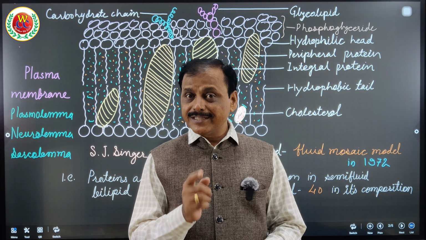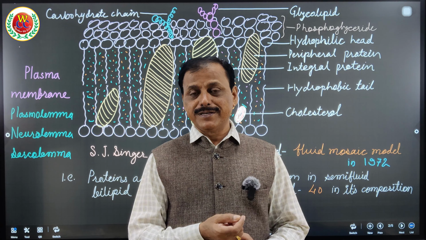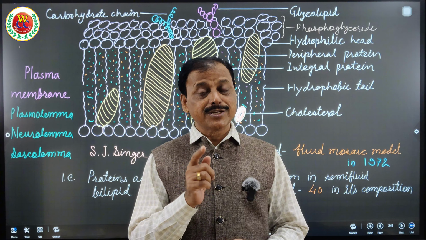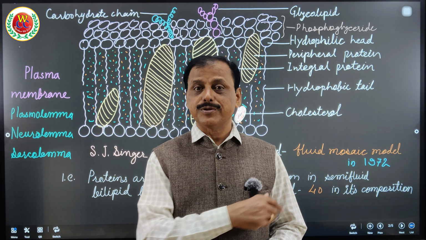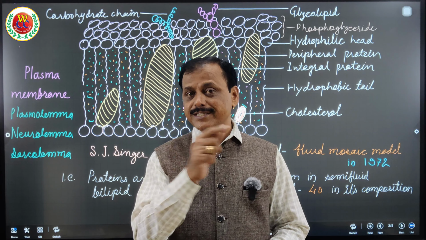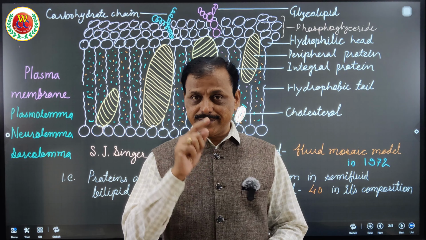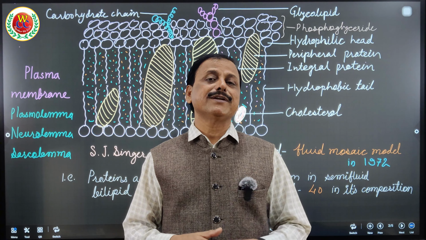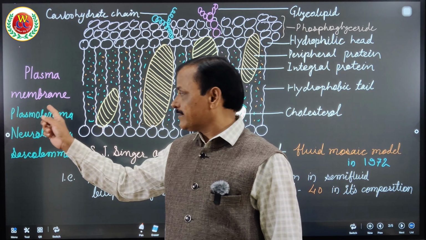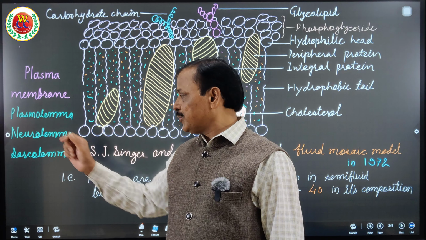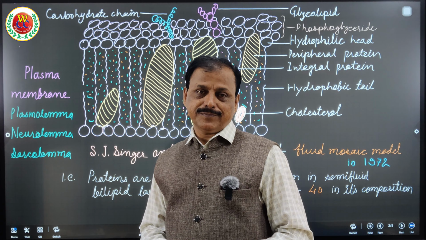It decides the amount of content to be influxed and effluxed, as well as which content is to be allowed in and out. Therefore, the deciding factor, that checkpoint, is the cell membrane, and therefore the cell membrane is known as the living membrane.